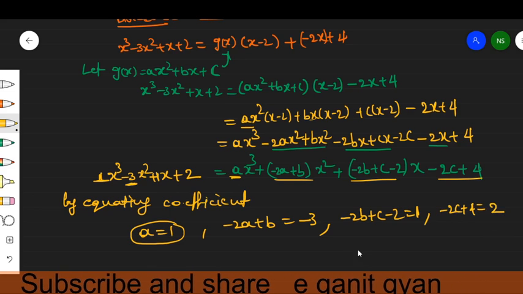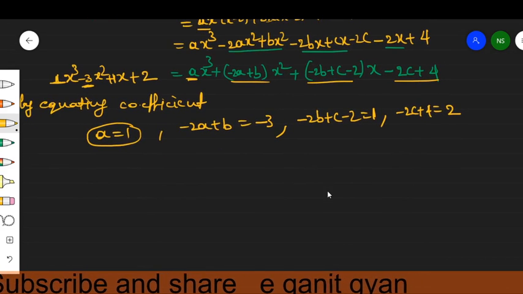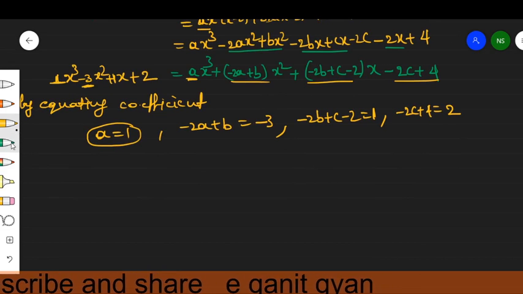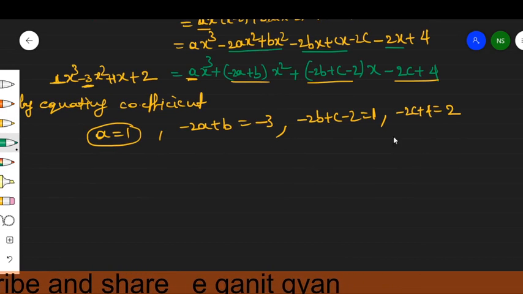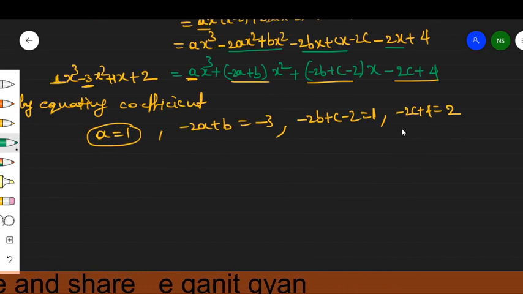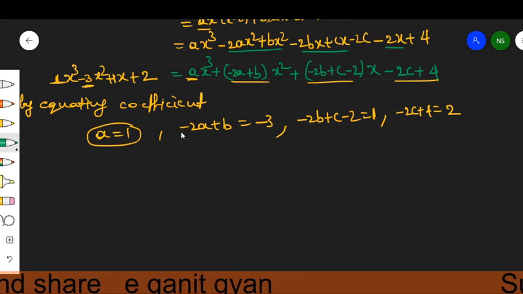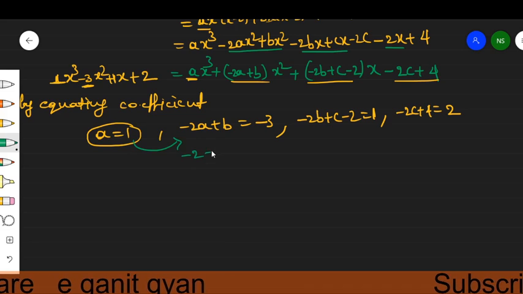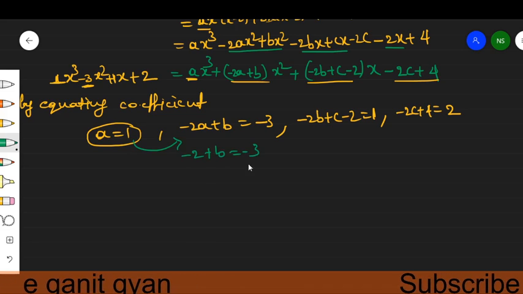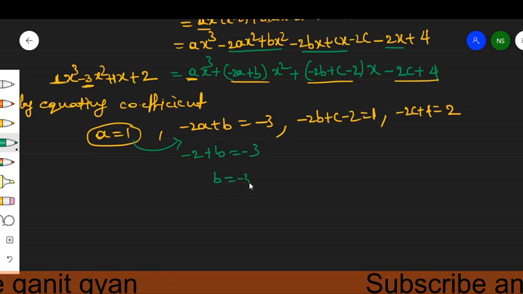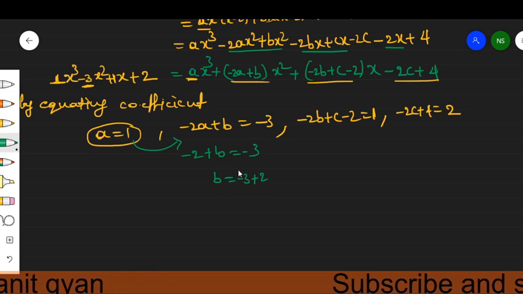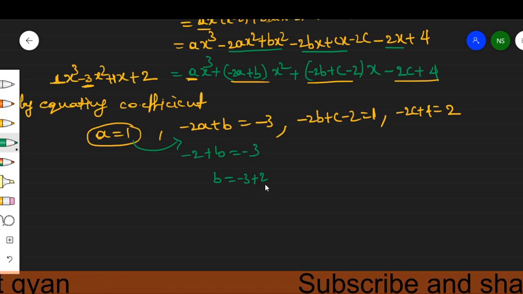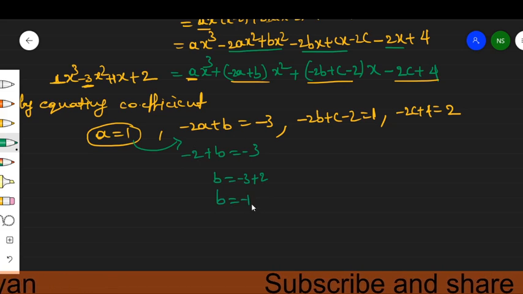Now if I simplify all these equations, I can find out the a, b, c values. From this thing I can find out, or else you substitute this value in the place of a here. If I substitute, minus 2 plus b is equal to minus 3, b is equal to minus 3 plus 2. Transposing this minus 2 to the right hand side, we will get plus 2, b is equal to minus 1.